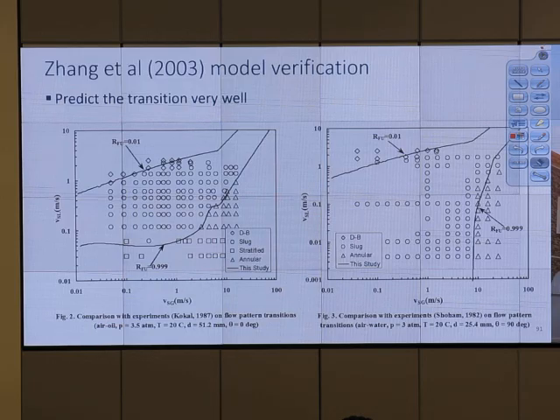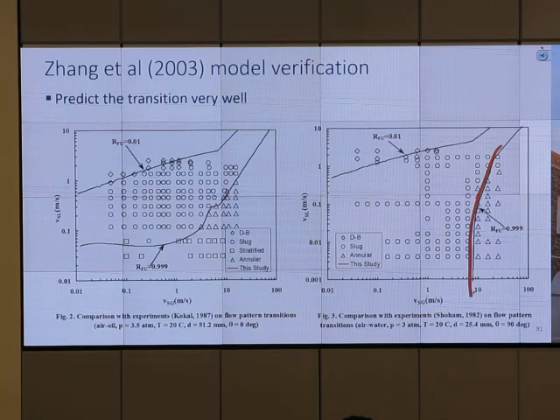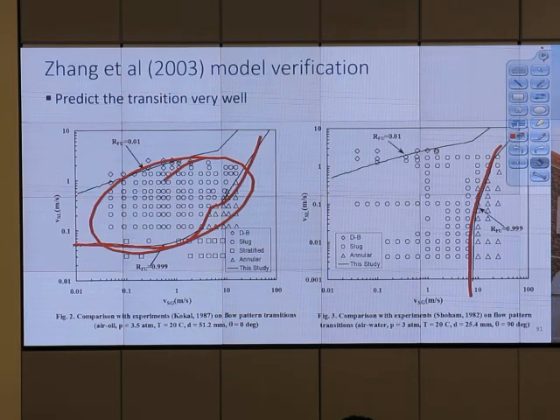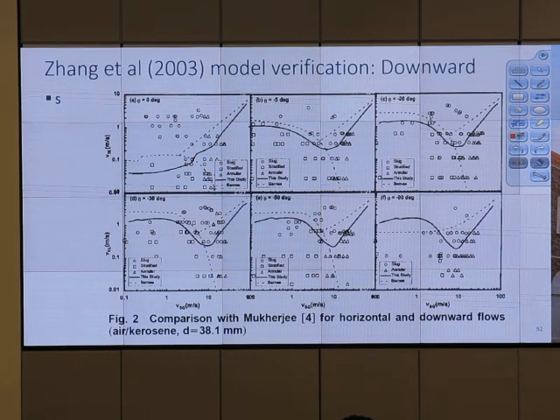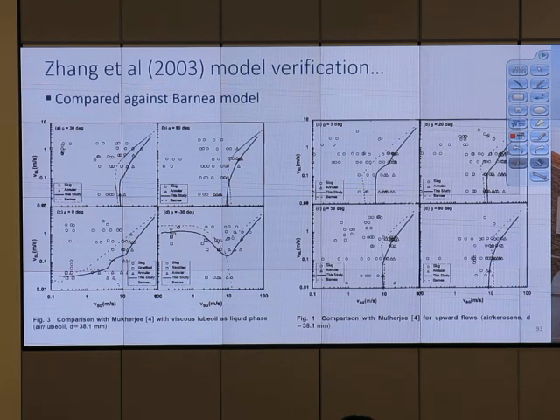So this is a prediction. Okay, you can see that, yeah, maybe this looks nice, right? It can get the slug flow correctly, and this is the comparison in the downward flow. If you look at this, it's much better than the Bunny model, this dashed line, okay, and this performs better.